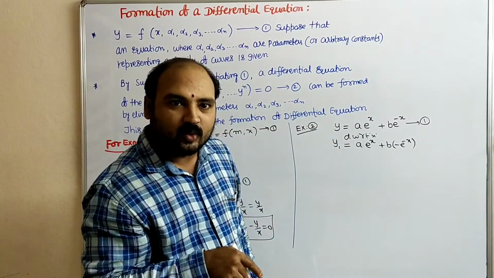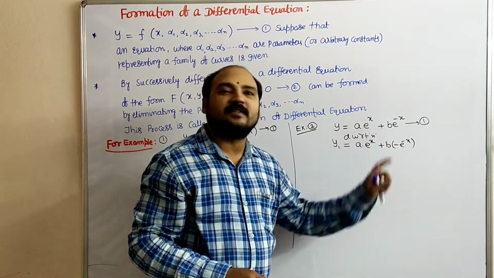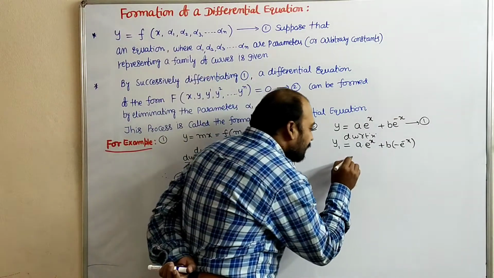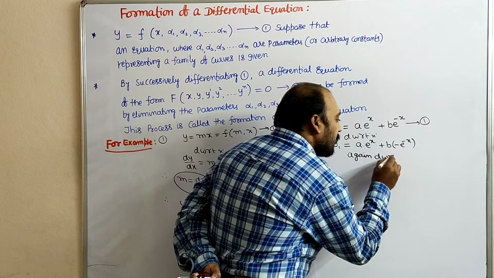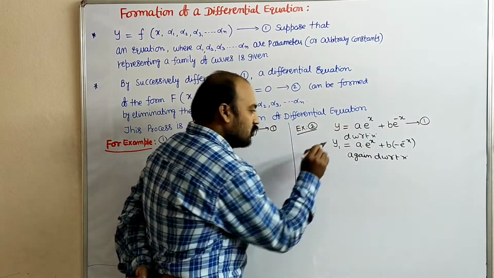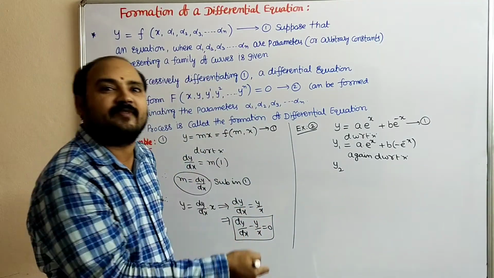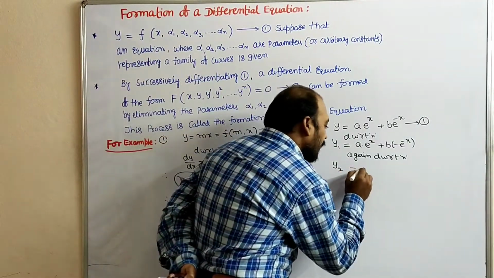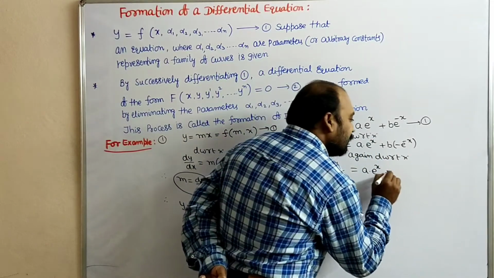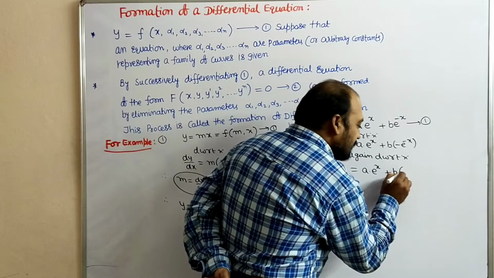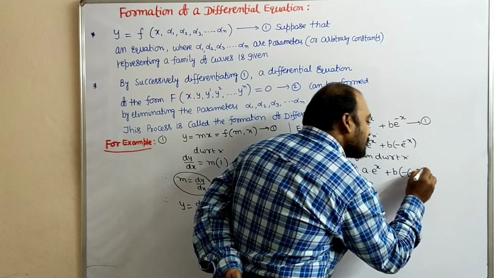After that, what do we have to do? Second time also we have to differentiate. Why? Because two arbitrary constants are there. Again differentiate with respect to x. So d by dx of y1 is y2, second order derivative, equal to a into d by dx of e power x is e power x, plus b into minus, which is also constant, e power minus x derivative is minus e power minus x.